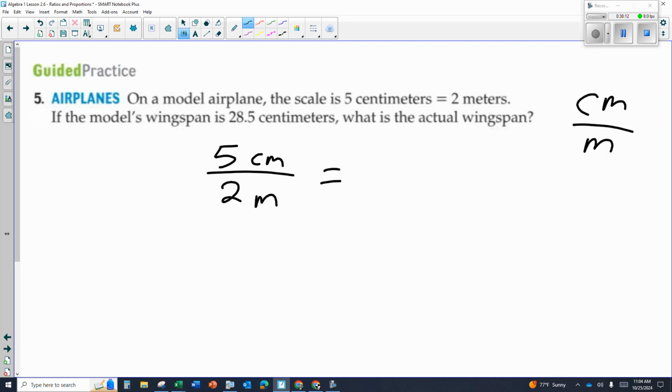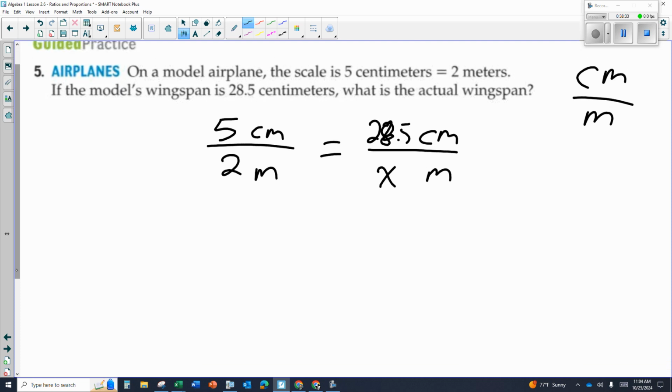We want to know if the model's wingspan is 28.5 centimeters. So keep the centimeters in the numerator, 28.5. And in the denominator, we're looking for, well, what's the actual wingspan on the model airplane?